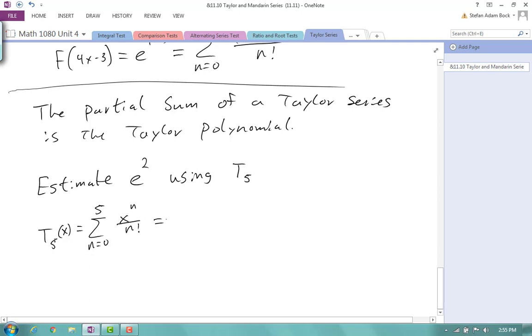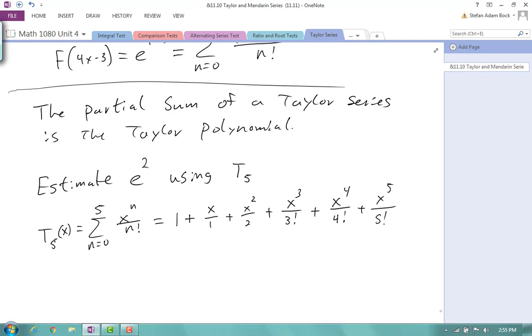This is equal to 1 for the n equals 0 term, because 0 factorial is defined to be 1, plus the n equals 1 term, which is x over 1, plus x squared over 2, plus x cubed over 3 factorial, plus x to the 4th over 4 factorial, plus x to the 5th over 5 factorial.